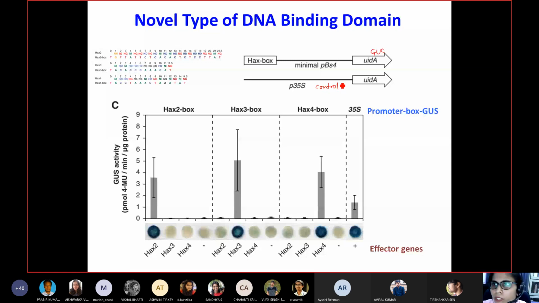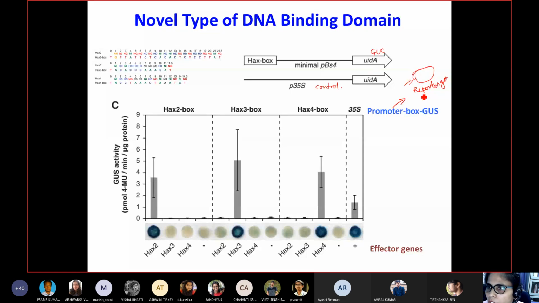In this assay, they took a plant, especially the leaf, and they infected it with two different kinds of plasmids. One plasmid carried the promoter reporter gene, that means promoter plus box, linked with the GUS gene.